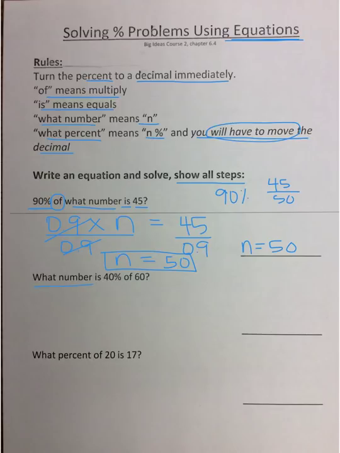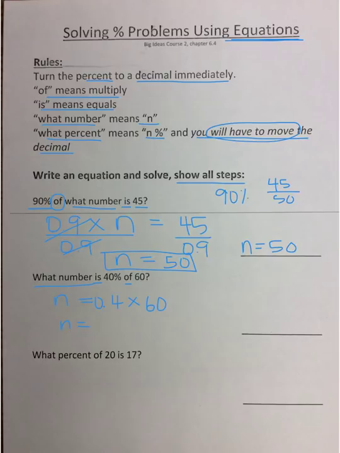Okay, let's try the next one. What number? That's your n. Is, that means equals. 40%, turn it to a decimal immediately, 0.4. Of means multiply by 60. And equals 0.4 times 60.